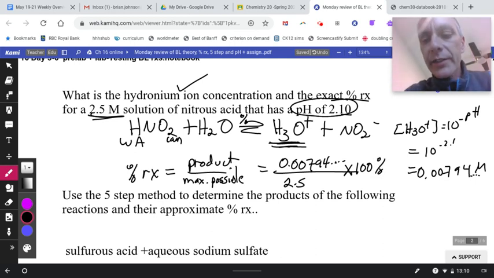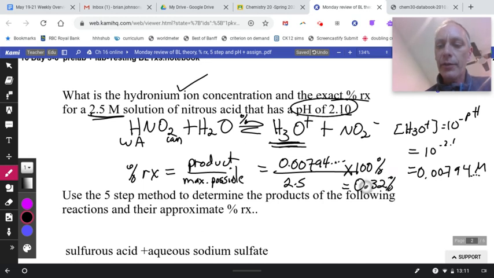We got way less than 2.5, so this is a very small percent reaction, and it works out to be 0.32%. So that is a very weak acid, as most weak acids are, with only very partial ionization in water. So when we say they're less than 50, they're usually way less than 50%.